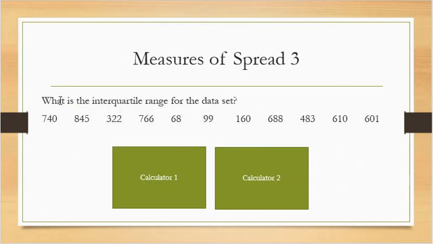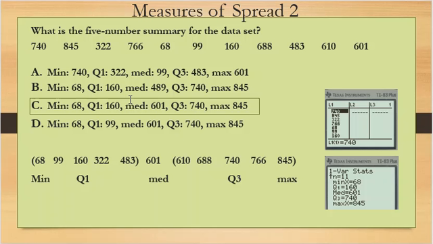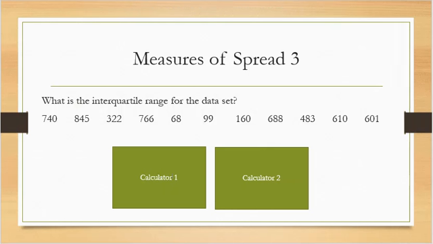All right, on this one, and this is the same data set we just worked with, okay? So you can go back to the previous slide and you can see how you went from least to greatest to find that interquartile range. Now remember, your interquartile range is going to be your quartile 3 minus quartile 1.